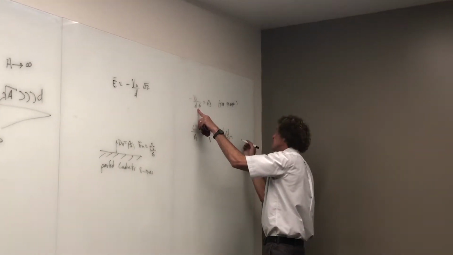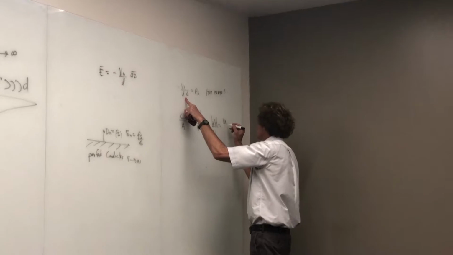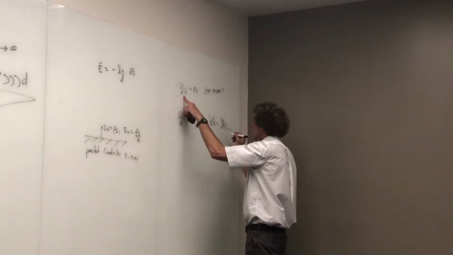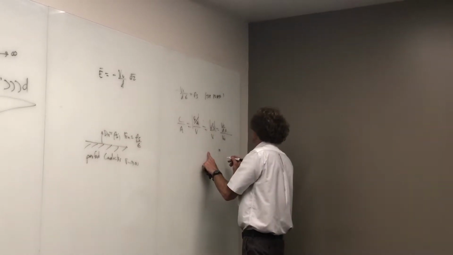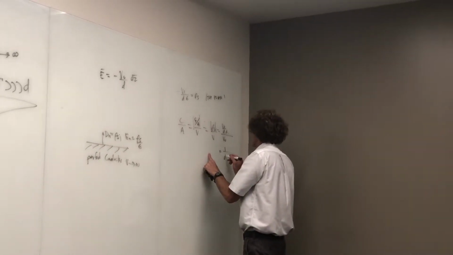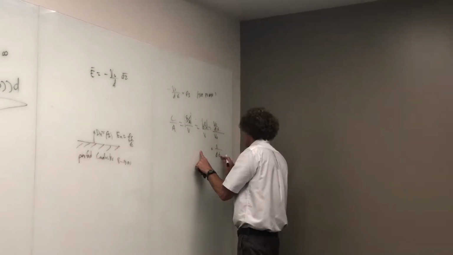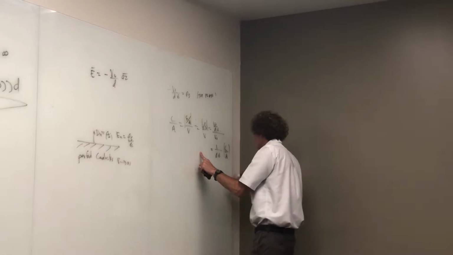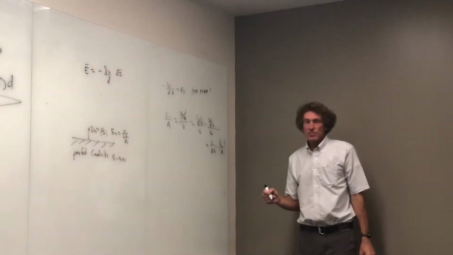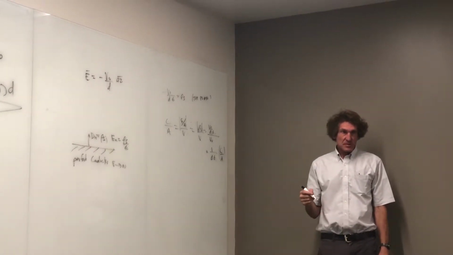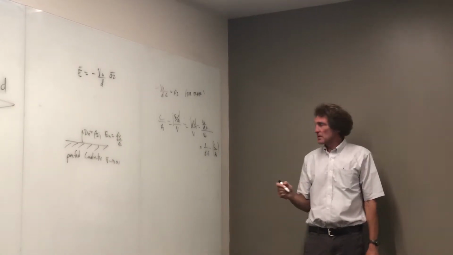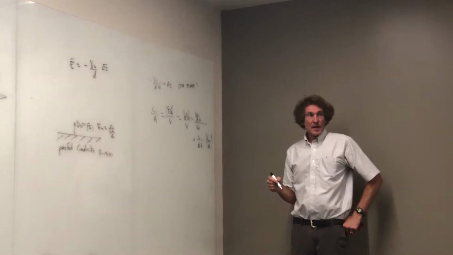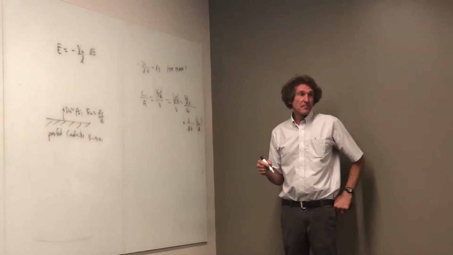So when I look at this, it would be V naught epsilon over d, divided by V naught, or it's simply epsilon over d that is going to be the value of the capacitance per unit area. And that's for a parallel plate capacitor. So just try to understand this. The capacitance is directly proportional to epsilon and inversely proportional to the distance between the plates. Now that's per unit area, right?